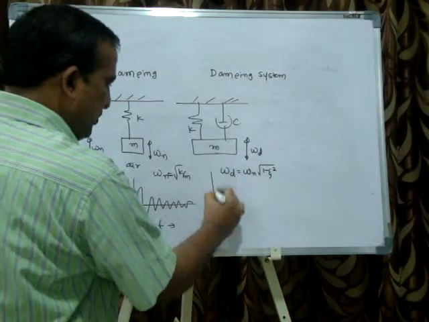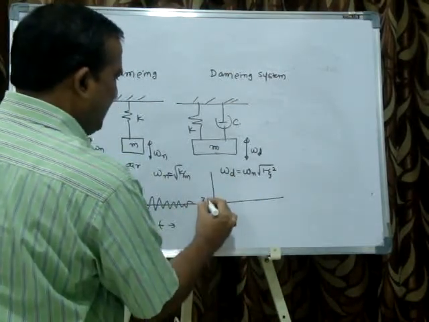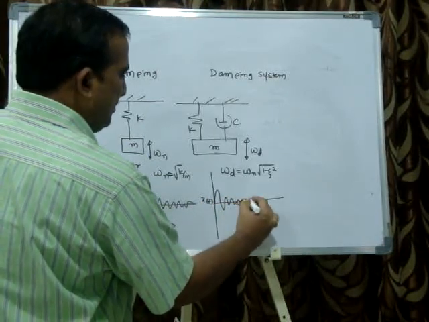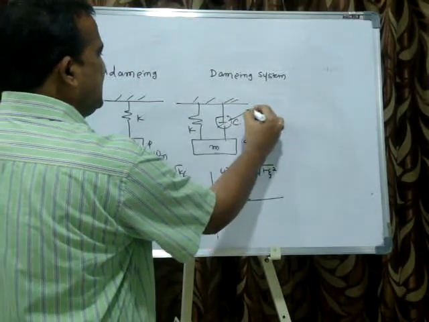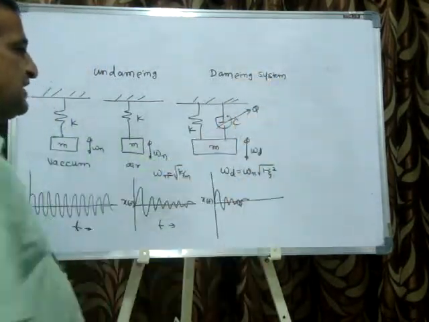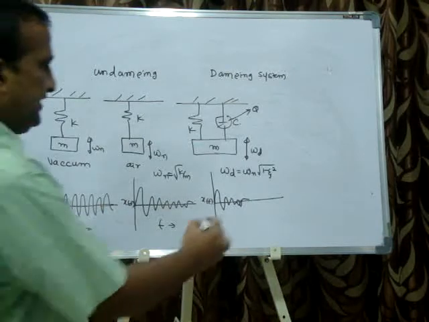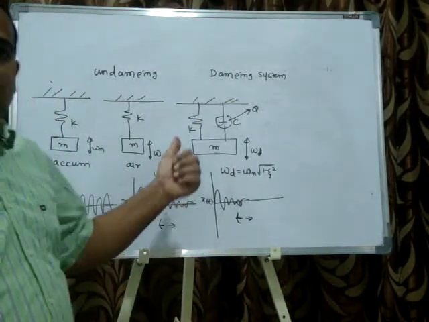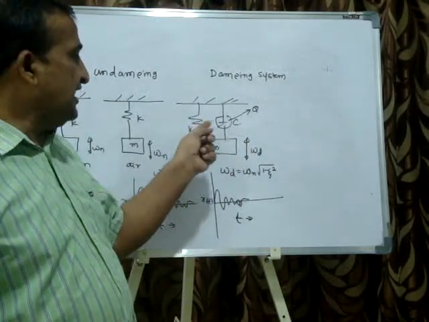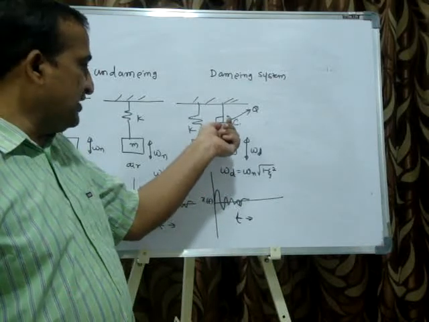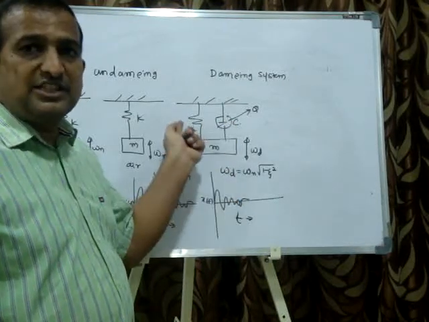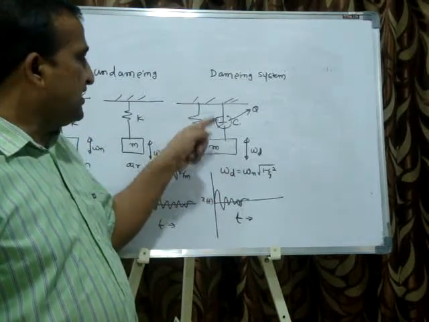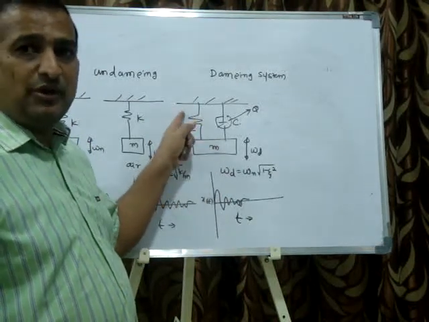Now, if you see the response curve, x of t, the displacement of the mass, it will come to rest as early as possible because the damper is removing energy in the form of heat to the atmosphere per cycle. The mass stores kinetic energy and the spring stores potential energy, and they interchange energy. Once you pull the mass, the potential energy is stored in the spring first. As soon as you leave it, the potential energy converts into kinetic energy and back into potential energy.